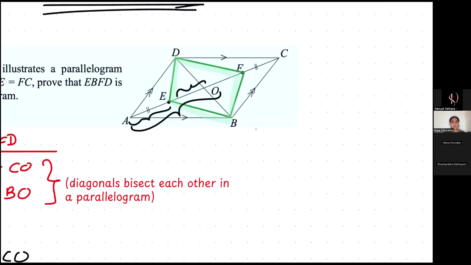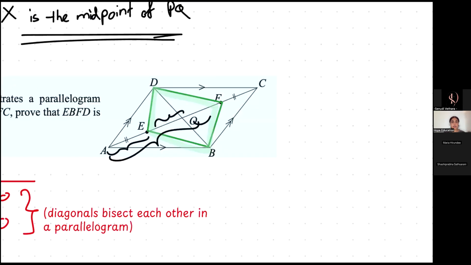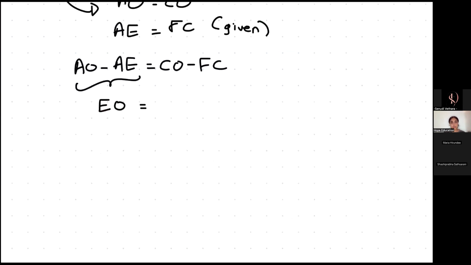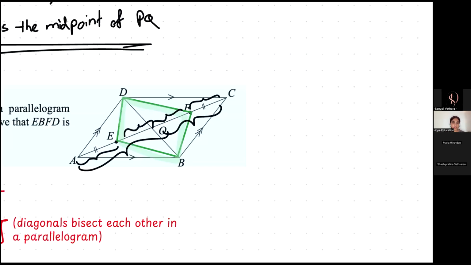And CO ගෙන් FC ව subtract කරාම මට එනවා FO. So therefore, those two are equal. So I'll erase everything and just show you those two. What we got is EO equals FO. Is that clear to all of you, Lamai?